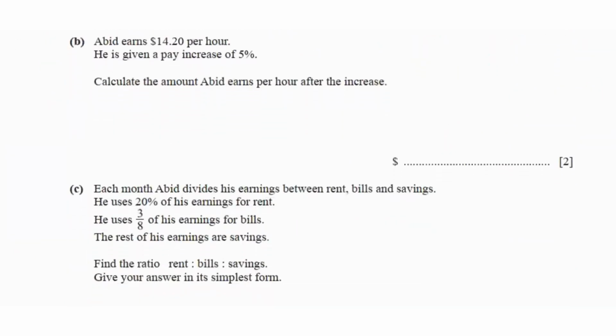Abid earns $14.20 per hour. He is given a pay increase of 5%. Calculate the amount Abid earns per hour after the increase. So what we'll do is new amount will equal the old amount, which is 14.20, plus the increase in the amount.